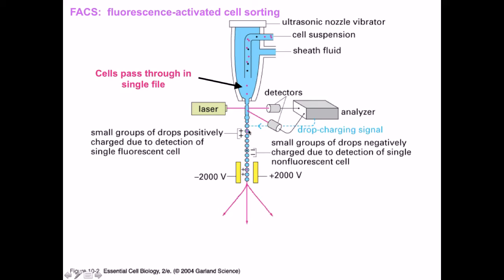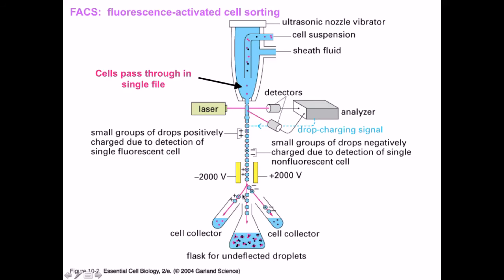When the droplet begins to separate from the stream, you can give that droplet a particular charge. Therefore, you can have droplets that are negatively charged, others that are positively charged, and some that are neutral. At the end, you can pass those drops through a very powerful magnetic field and separate the cells into different components depending on the charge the droplet has.